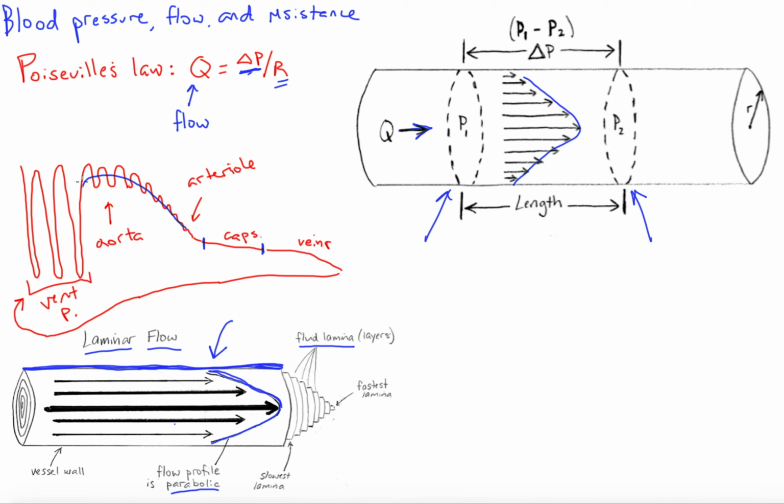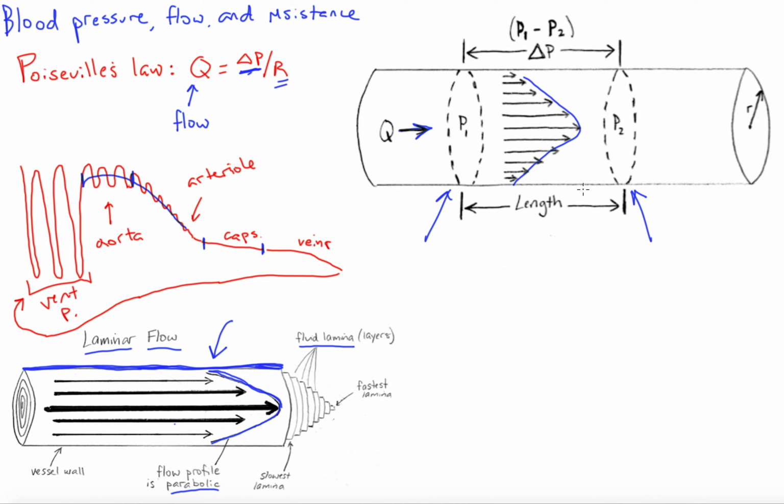But your P1 would be here, and your P2 would be at the end of the aorta, out here somewhere. And you get the idea, I hope. Again, we can pick the vessel or groups of vessels that we want to assess in terms of their flow. All right, so we hopefully have a handle on what delta P is.